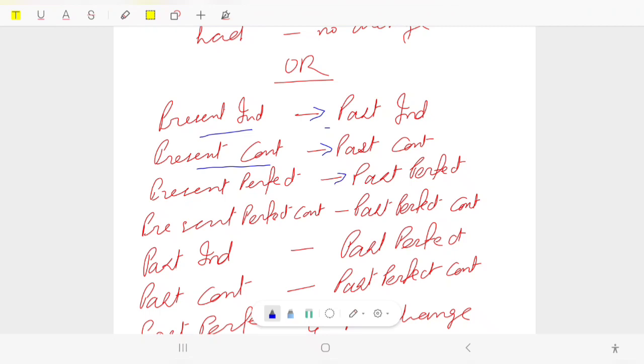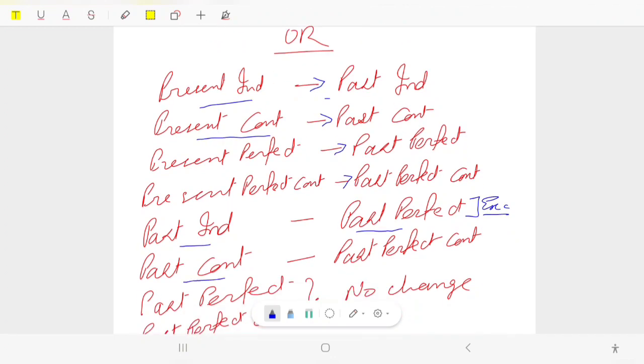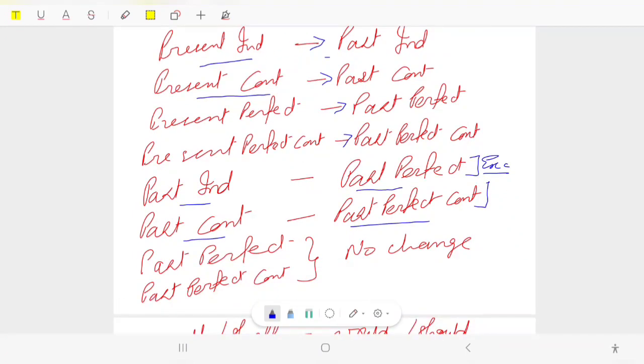Present perfect will become past perfect. Present perfect continuous will become past perfect continuous. Past indefinite will become past perfect. But there are exceptions here. We need to study exceptions because in competitive exams the questions are given from exceptions. Past continuous becomes past perfect continuous, but again there are exceptions. Past perfect and past perfect continuous, no change.